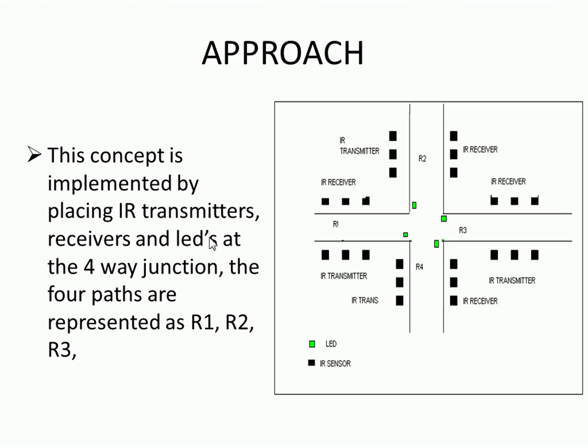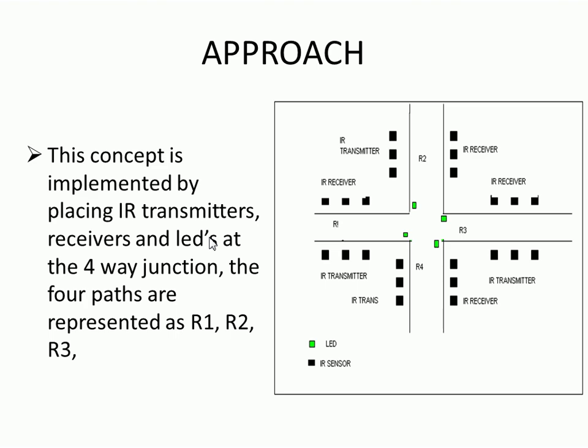Whenever a vehicle is present, the IR receiver senses the vehicle and the value of R will become 0. That means the vehicle is present. That means the density is present. Whenever the value is 0, it says that density is present. Whenever the value is 1, it says that there is no density.